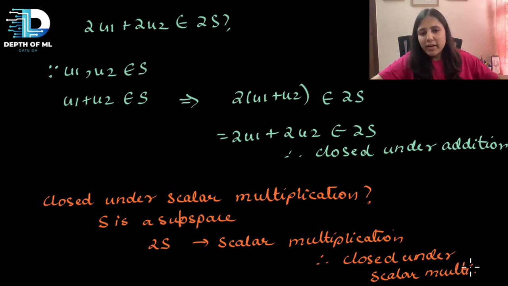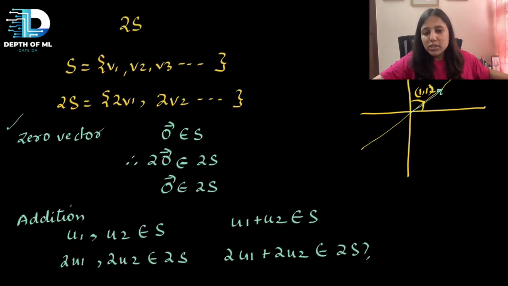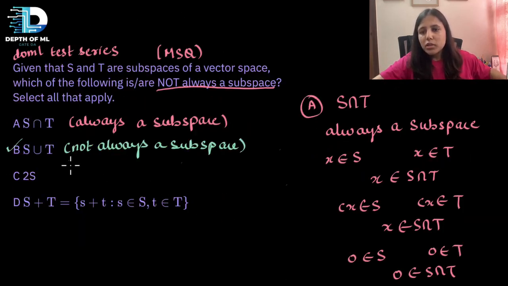So multiplying every vector by 2 means you're just doubling the vector, and we already know that the linear combination of every vector is present in the set 2S, and we have seen that the multiples of the vectors are also present in the set S and 2S. In the set S, so 2 times the vectors will also be present in the set, right? Hence with this argument you can say that this is also closed under multiplication. So this is going to be a subspace always.